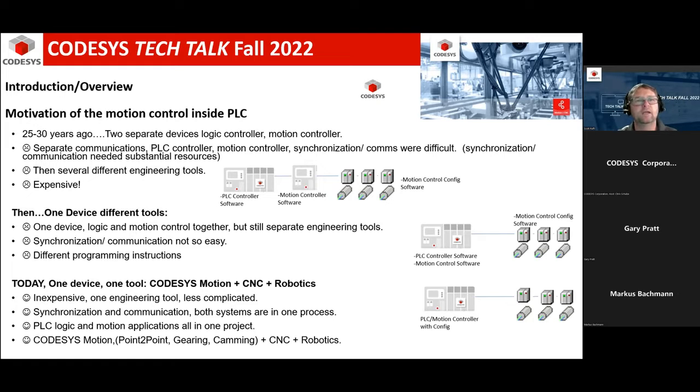What happened is we went to one device, but there were still different tools. In the diagram here, I'm showing that you have your control software and your motion controller together, but you're still running your configuration software and possibly even your scaling, as far as how you're going to scale your parameters and the actual kinematics of your device.